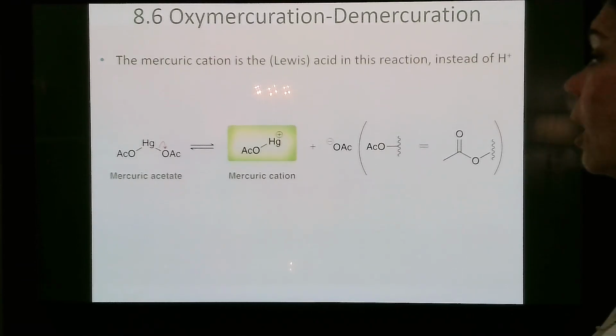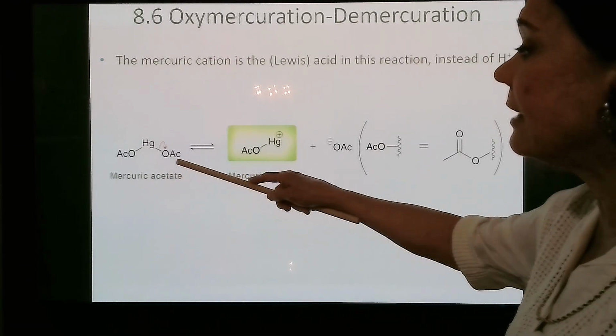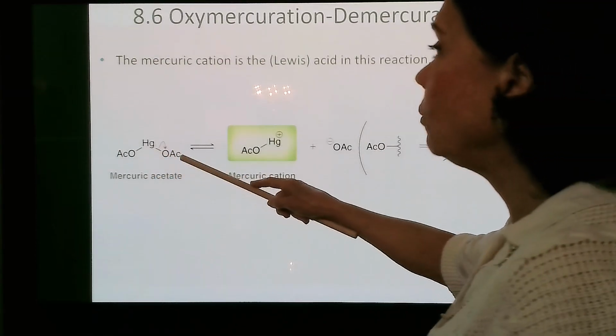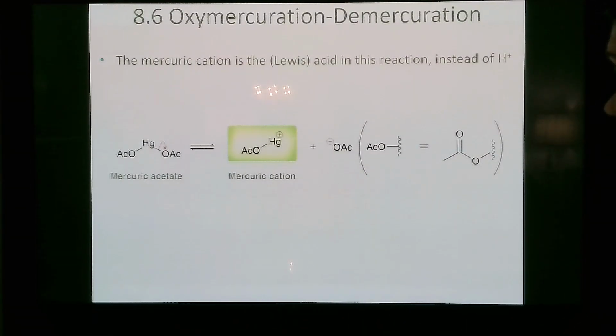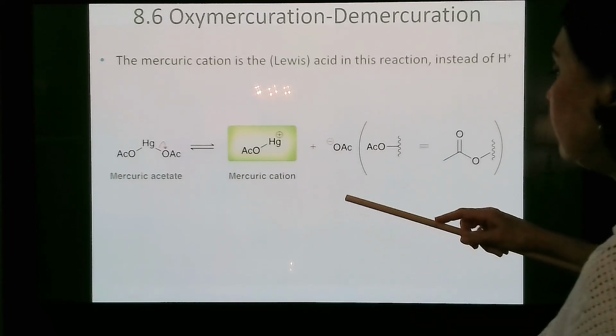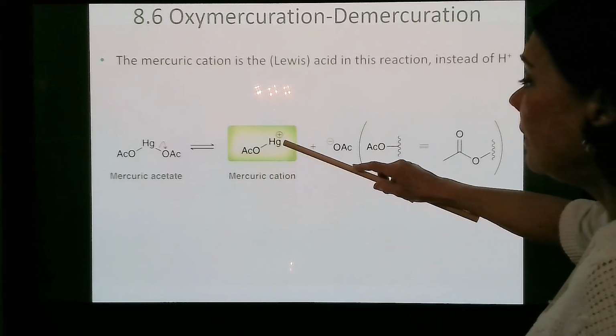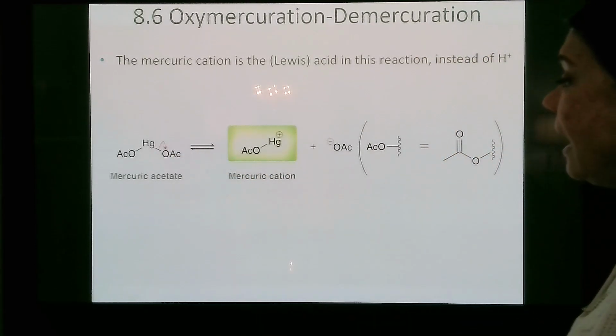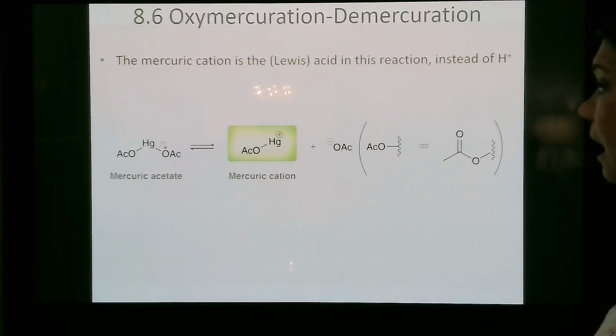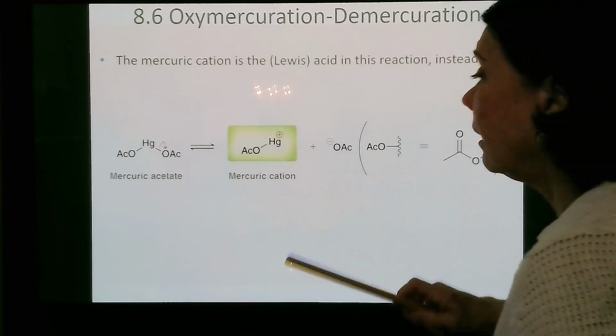So here we are. So you have the mercuric acetate. This is what you're going to use to effect the oxymercuration, demercuration. And so the first thing that happens is acetate departs and you have the mercuric cation.